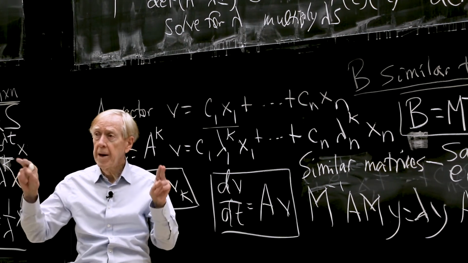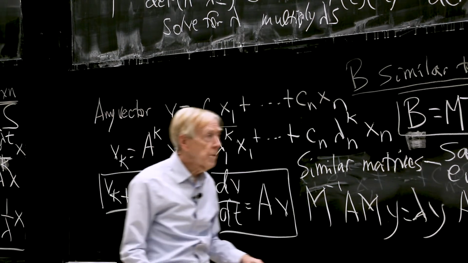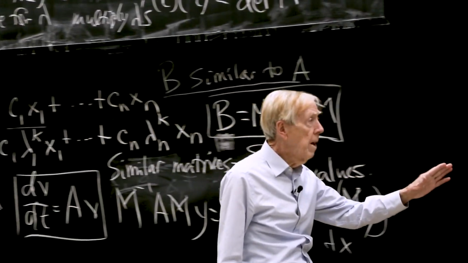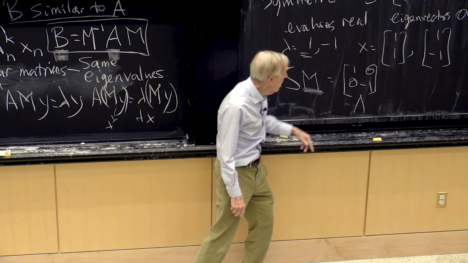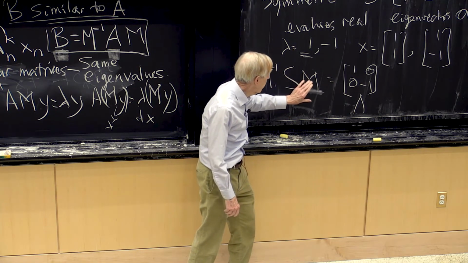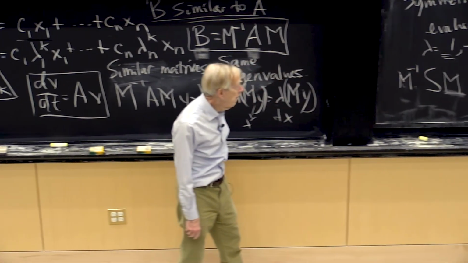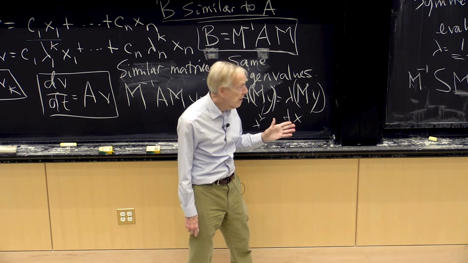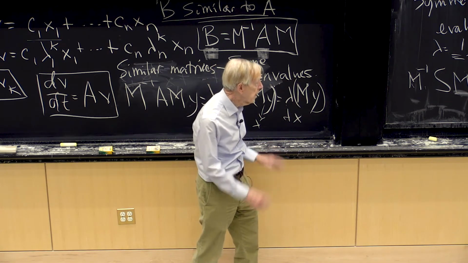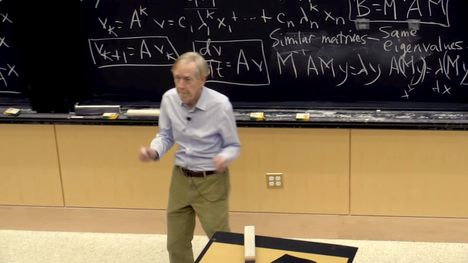Do you see what I'm doing here? It comes under the heading of diagonalizing a matrix. I start with a matrix S. I find its eigenvalues. They go on into lambda. And I believe I can find an M so that they're similar. They have the same eigenvalues, 1 and minus 1, both sides. So the only remaining question is, what's M?